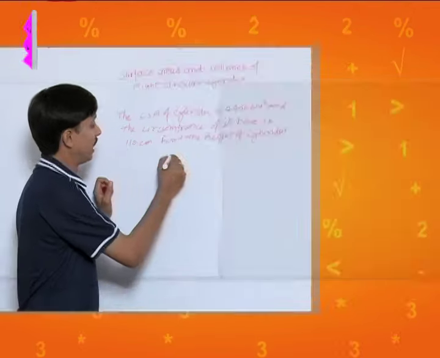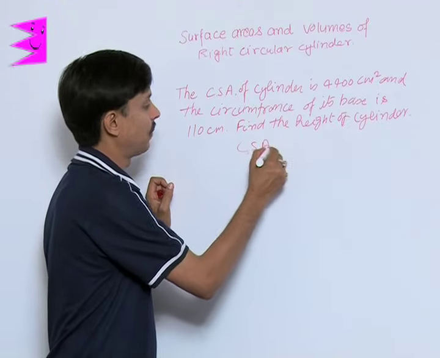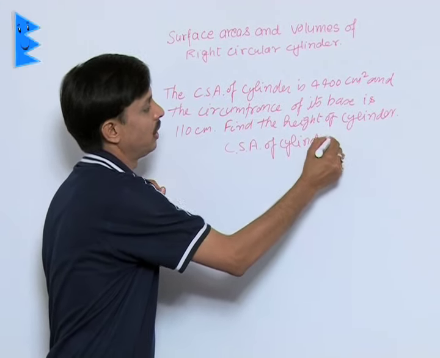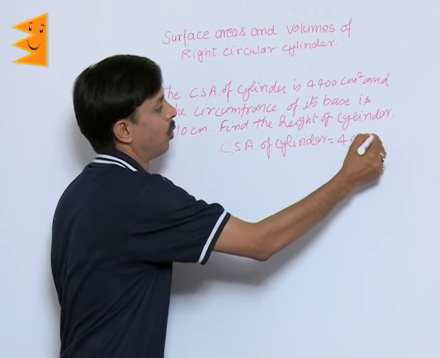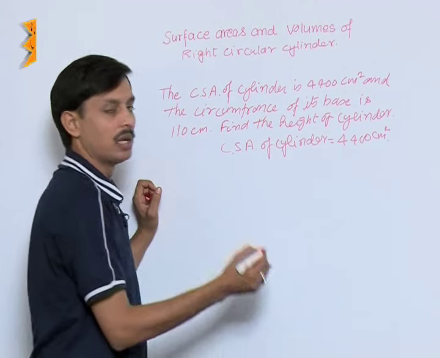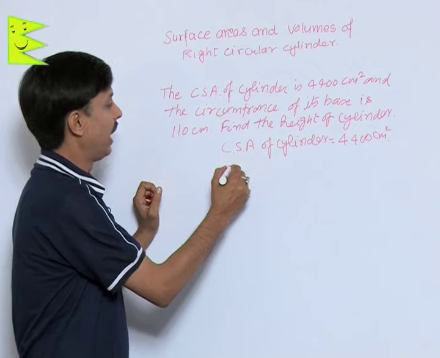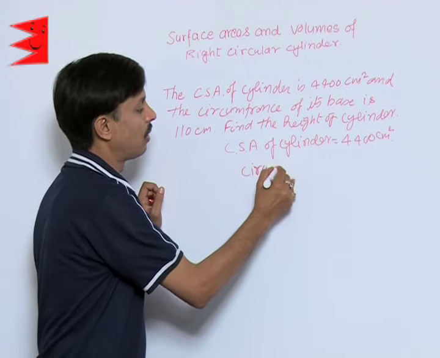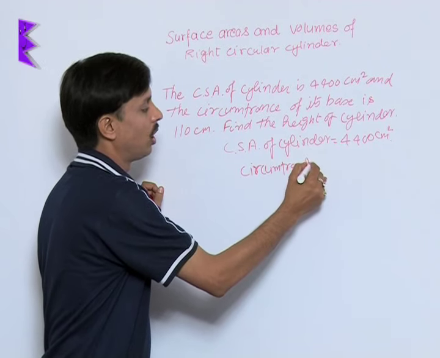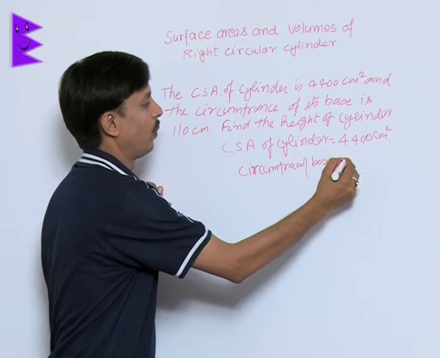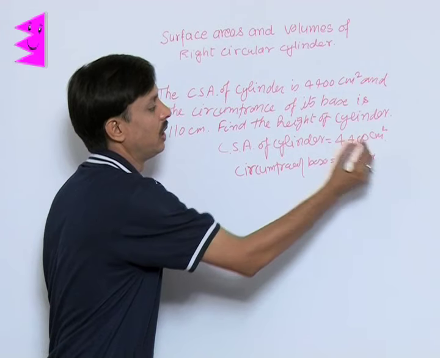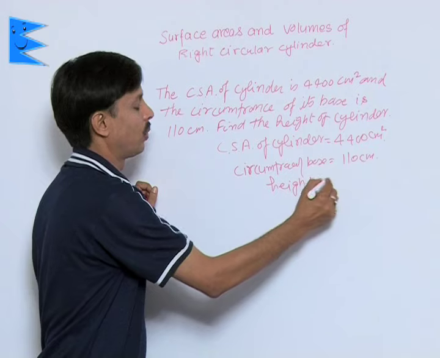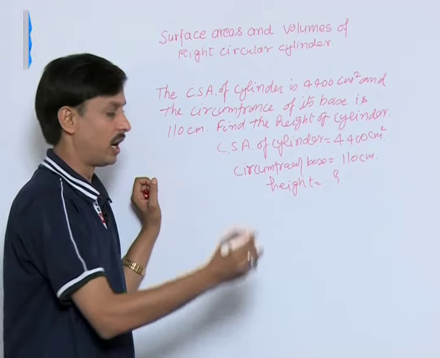As given, CSA of cylinder is 4400 centimeter square, and what more, circumference of base is given 110 centimeter. What is required in this question? Required is to calculate its height.